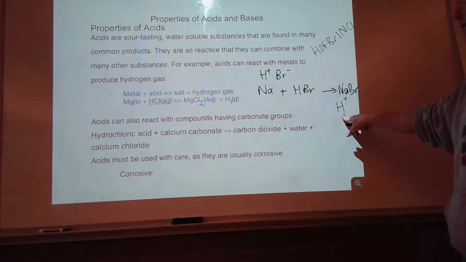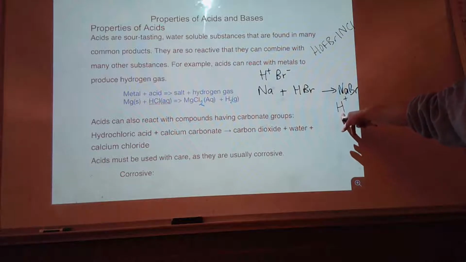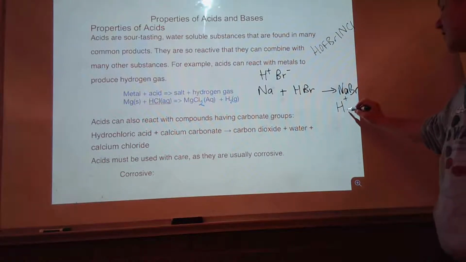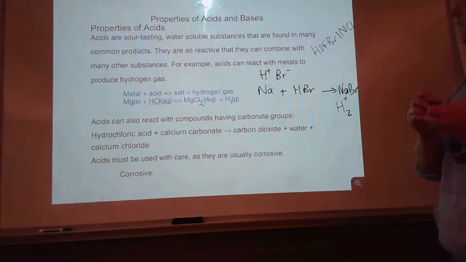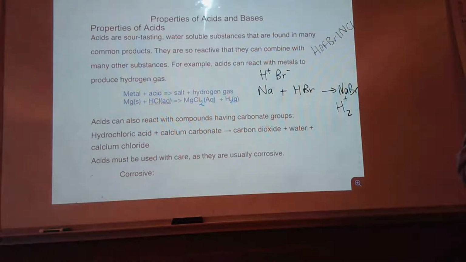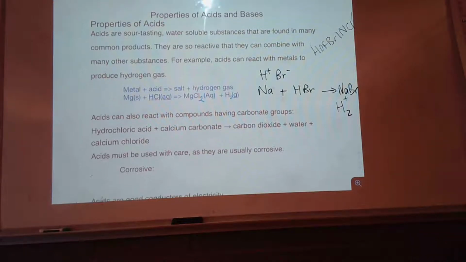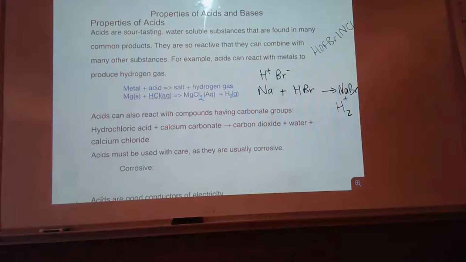Okay, so remember, when we get hydrogen gas, it's always gonna be H2. It's not ever gonna be H by itself. So our diatomic molecules like hydrogen, oxygen, fluorine, bromine, iodine, nitrogen, and chlorine, they're always gonna be diatomic. So you'll always have two of them. And then that gives bromine 2.